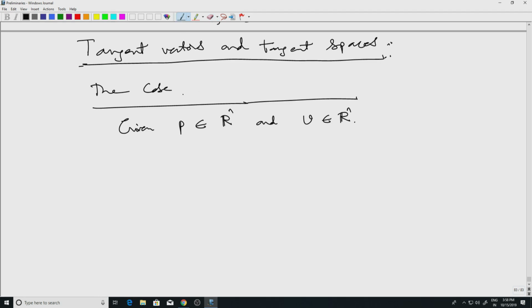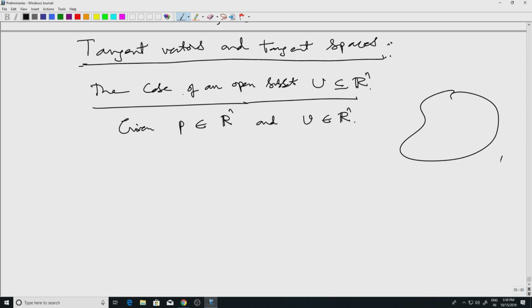A clearer thing is the case of an open subset U contained in Rn. What I'm trying to do here is, my manifold is the open subset U in Rn, and we already know that, given this U, I have a point P. For instance, if U is in R2, let's take this simple case.